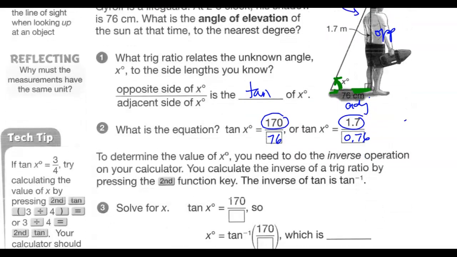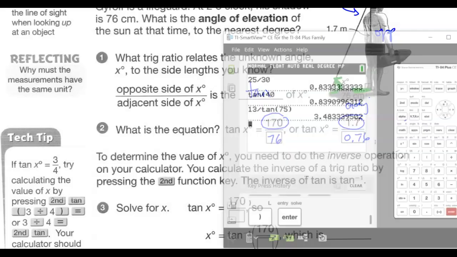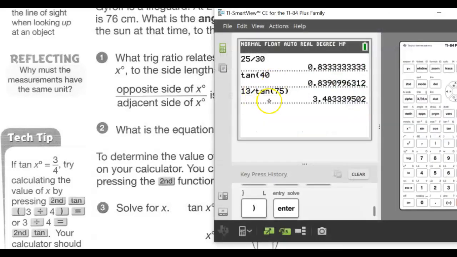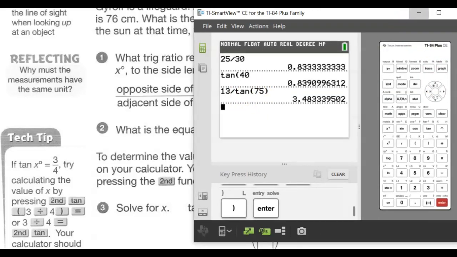Now, to determine the value of the angle, you need to use the inverse operation on your calculator. So you need to press the second key. It really depends on what type of calculator you have. If you have one that shows the tan ratios, TAN, or sine and that kind of thing, then you'll do it the same method as I will.